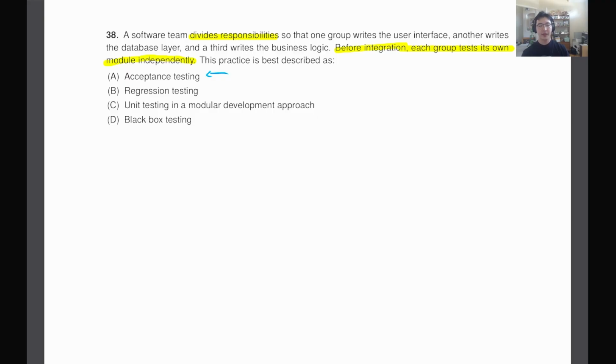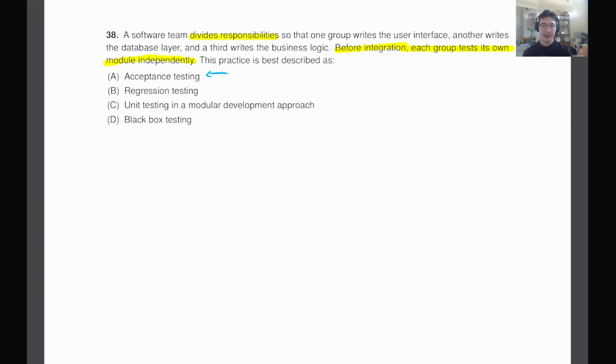Well, one way you can think of it is, do the end users, whoever's going to use this software, do they accept the changes you're making to it? Basically, you're trying to verify that this product meets the business needs and is ready for production so that the people who are going to be using it will use it.